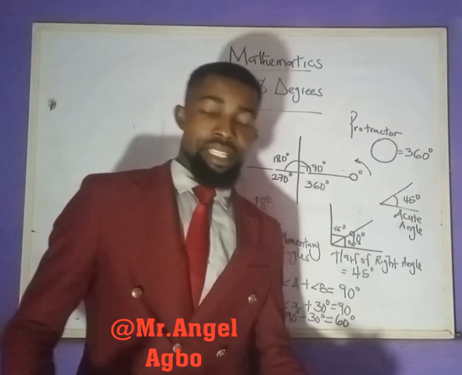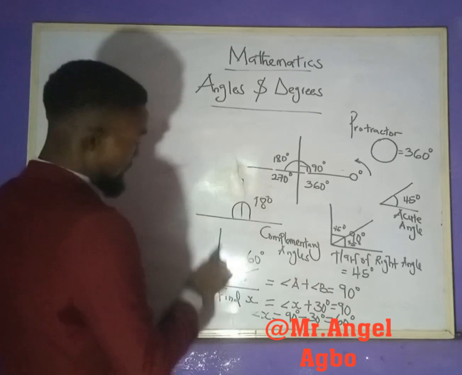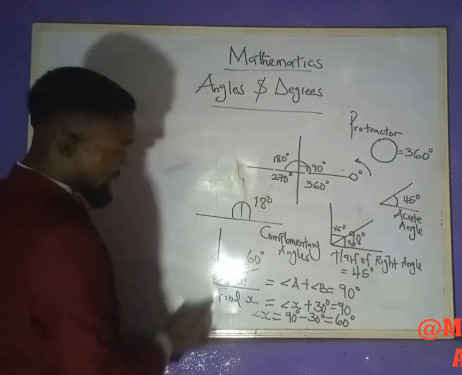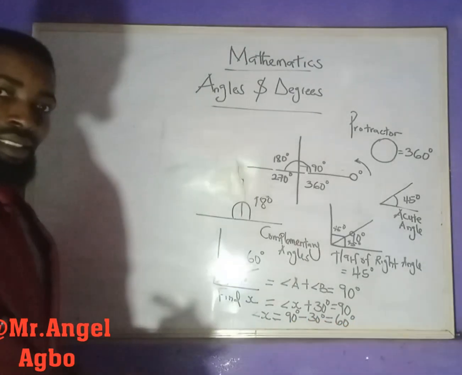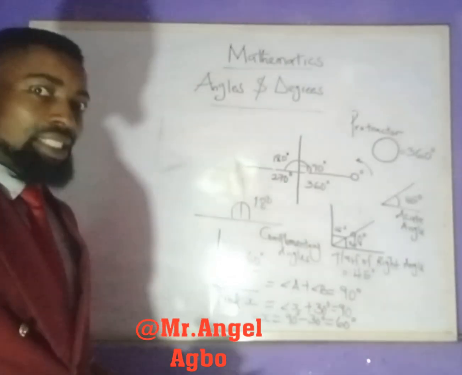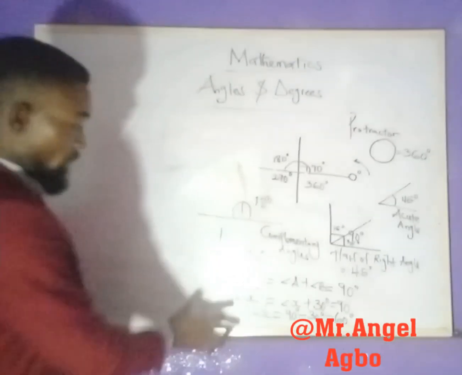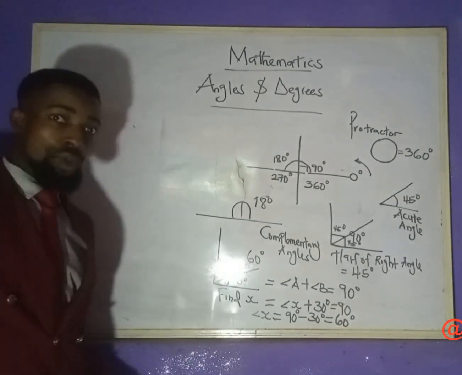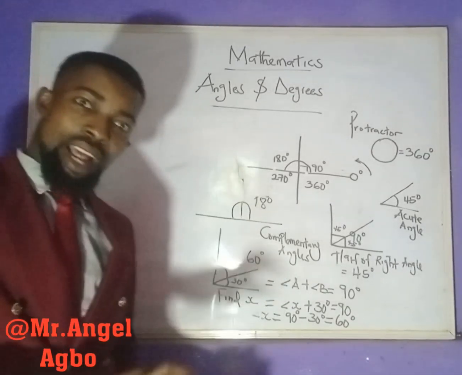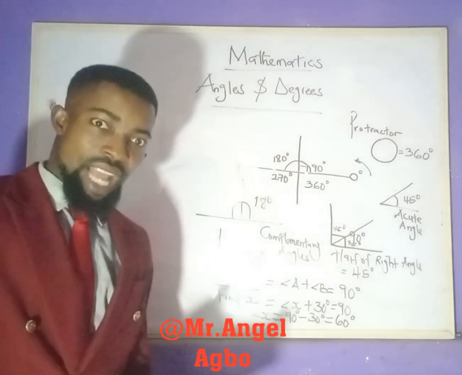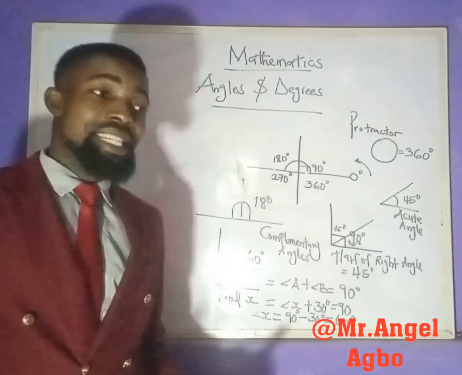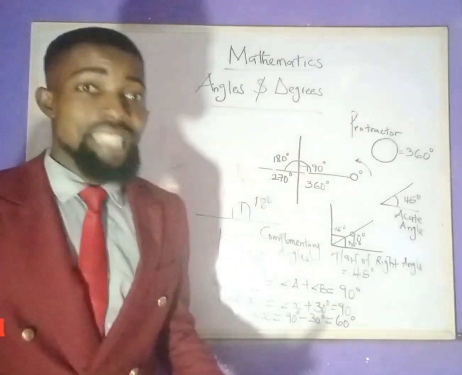When two lines join together, this line and this line, they come together and form a right angle, and the degree for that angle is 90 degrees.